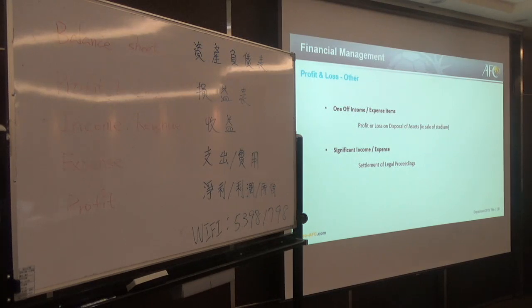So just briefly, the one-off costs might be, so this is where it's not a normal transaction that's occurred during the year. 那像这边的话，我们看到的一些支出是one off 跟次性的，那这可能就是常态性的发生次。 So examples of this, it doesn't occur too often, but it might be if you buy or sell your stadium and make a good profit, or if an expense might be if you settle a big legal proceedings and you have to pay money out.